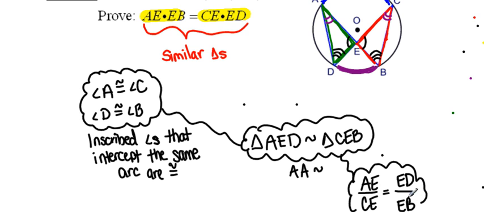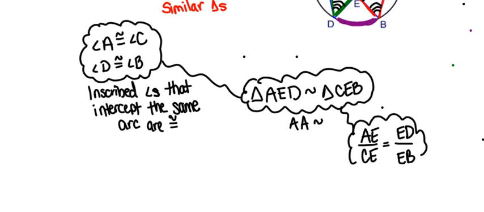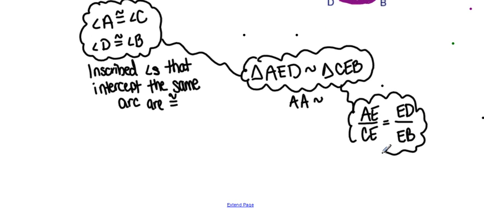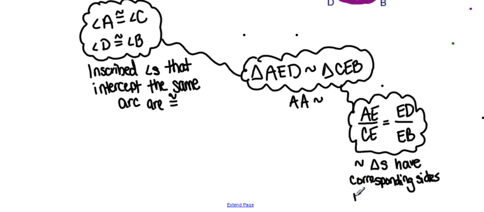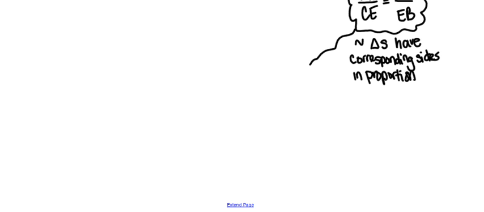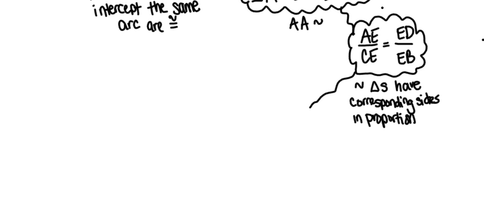So I knew that these pairs of sides were in proportion because they're corresponding sides in the similar triangles. So I'm going to say similar triangles have corresponding sides that are in proportion. And then the last thing that I'm going to do is take the sides in my proportion, and cross multiply them.